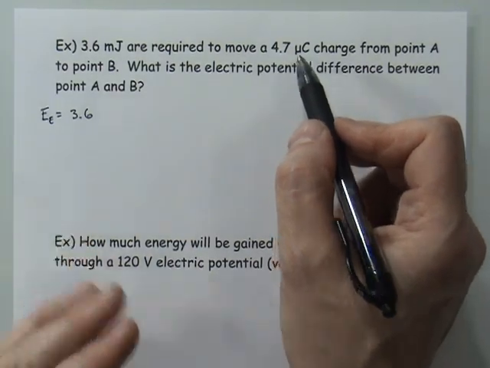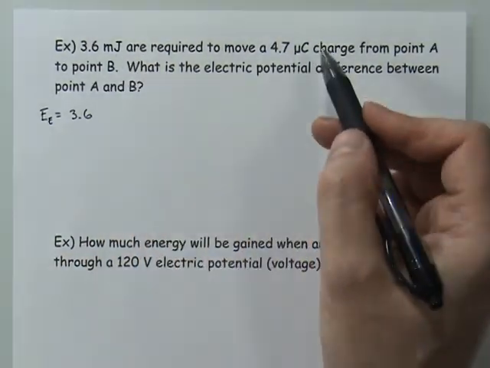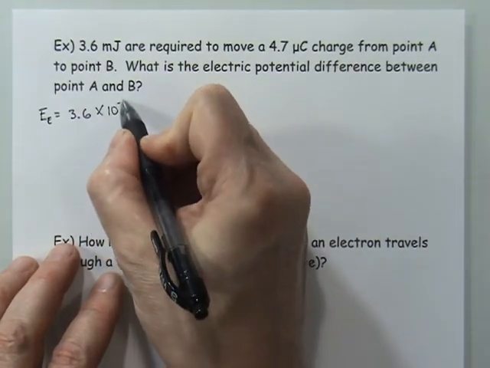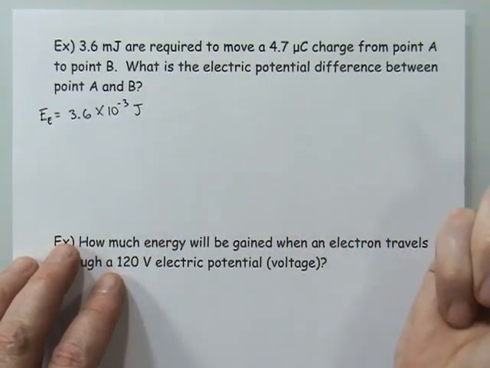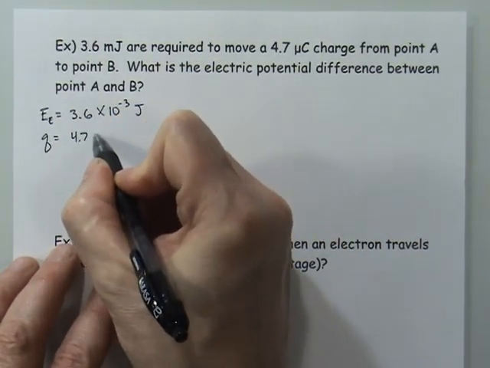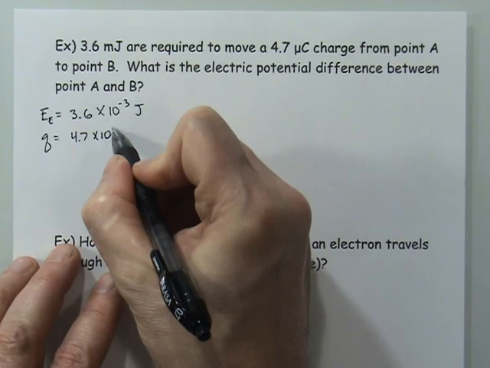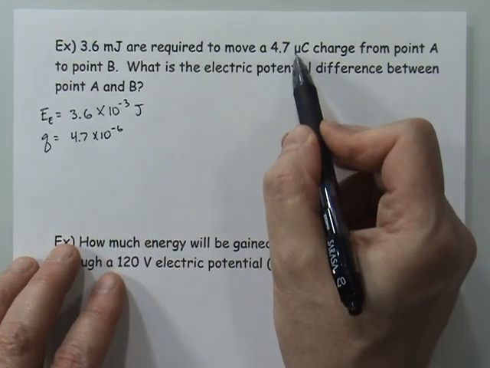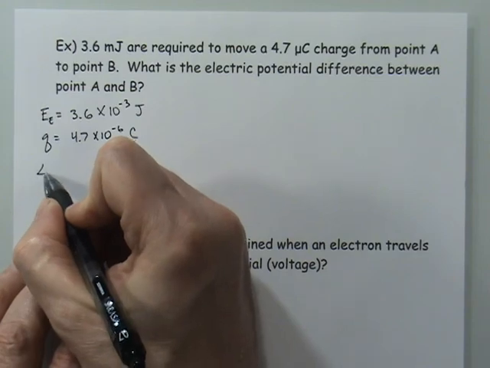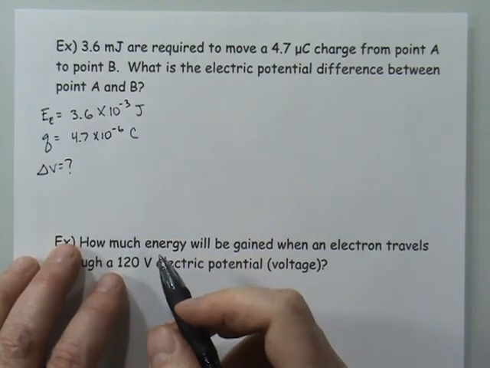We need to take these back to their base units. So this needs to be in joules and this needs to be in coulombs. Milli means 10 to the minus 3. That guy is now converted. I'm going to do the same thing for the charge. The charge is 4.7 times 10 to the minus 6 because that little symbol micro means 10 to the minus 6 coulombs. And what I'm looking for is delta V.